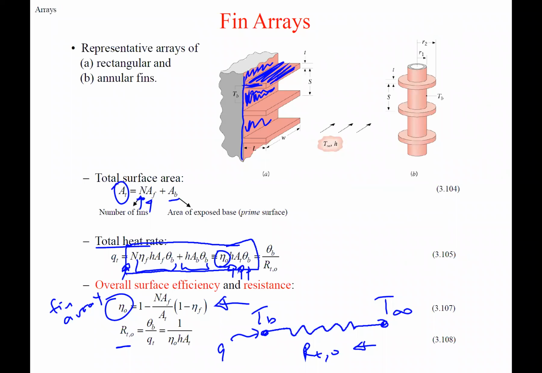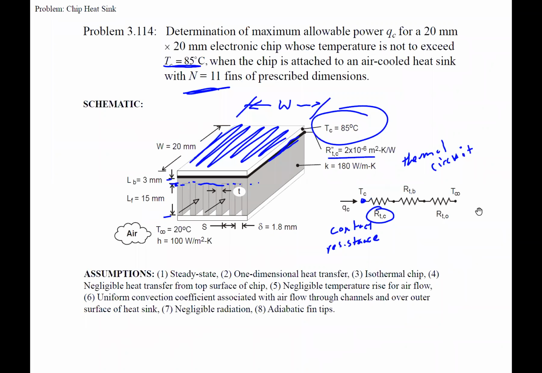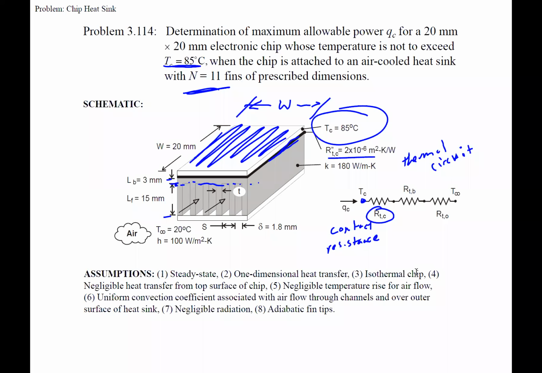So in this problem, we have some conduction going on from this location to this location. That's this resistance, the conduction from this location to this one.